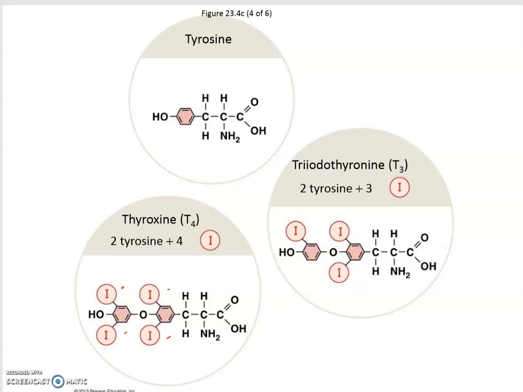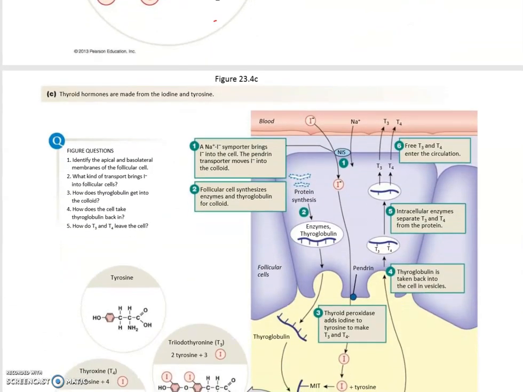And then here we have 3 iodines, 1, 2, 3 iodines, and that's triiodothyronine. That's the active version of the hormone. This is what the thyroid gland manufactures for the most part, and the T3 here is the biologically active form. But this here, T4, is what's mostly being manufactured in the thyroid gland.